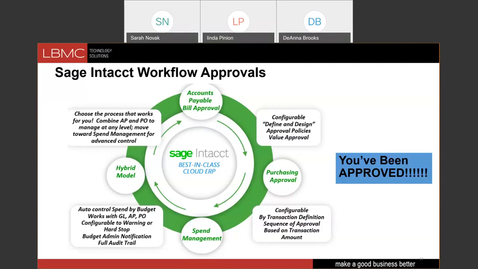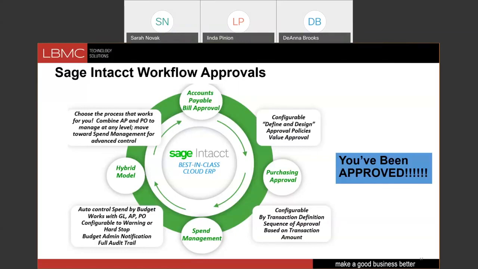I like to say that if some things go through purchasing because of a dollar value or the type of item that it is, then use purchasing for those particular items and purchases. It's all configurable. You have your different transaction definitions. You can use that workflow approval to approve those.